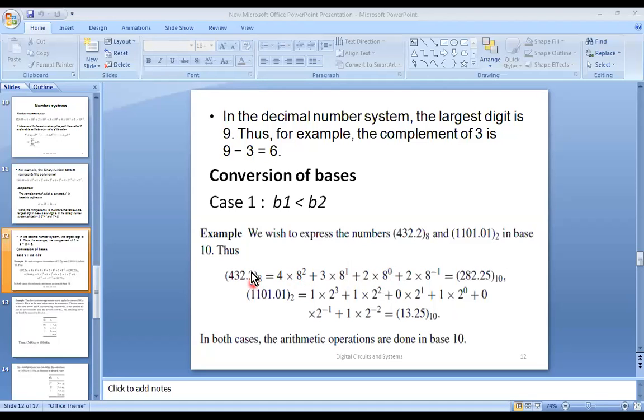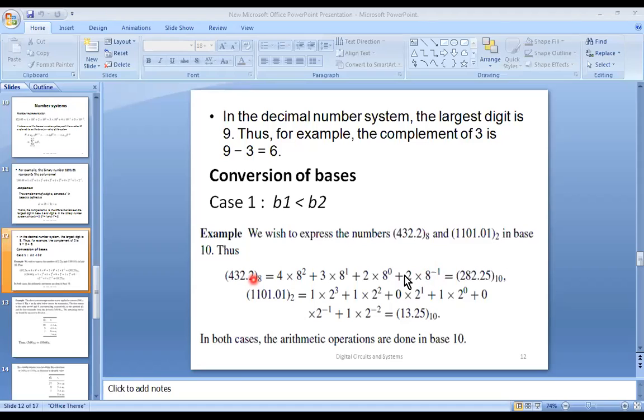Now, what is the weight associated with the first fraction? 8 power minus 1, which is 1 divided by 8. What does it mean? In the base 8 system, one apple is divided into 8 equal parts and we are taking one part of it.